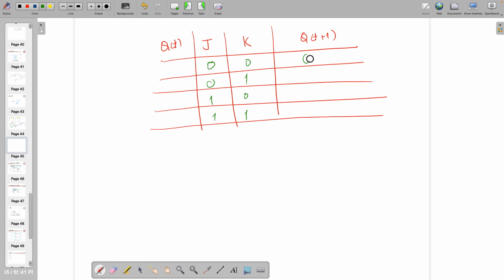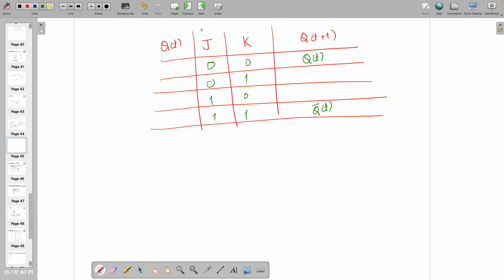I am expecting to have the Q of t, right, in the case of 0 0. But in the case of 1 1, what was the answer? Q bar of t, right? Although it is checked only at DC, however, if you are checking at the further on transient, you will see that it's changing 1 0 1 0, right?